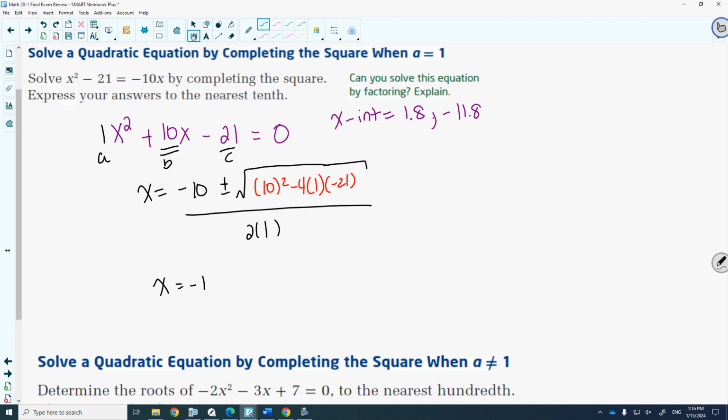X is equal to negative 10 plus or minus. Gabe, do you have what the discriminant is? No, not square rooted. What's the discriminant? 184. Somebody confirm. Is that what you're getting?